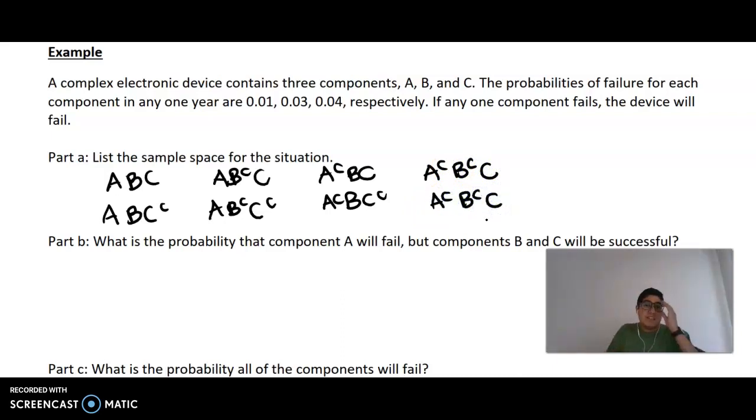Sorry, this is where it gets confusing because these are the probabilities they fail. So P that A fails is 0.01, meaning that A complement is that it's successful.